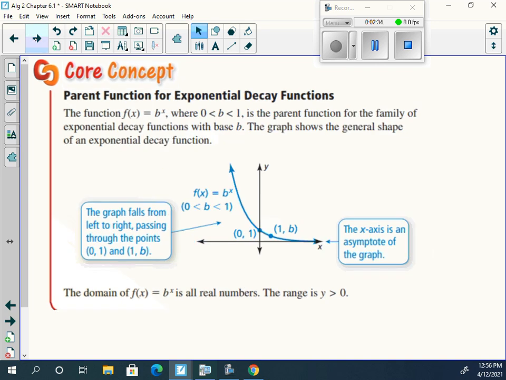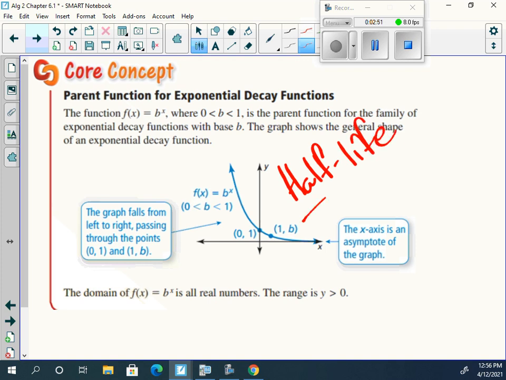Now, if b is between 0 and 1, it's considered exponential decay. Exponential decay is used in science in something called half-life. Does anybody know what a half-life is, or what it's referring to?